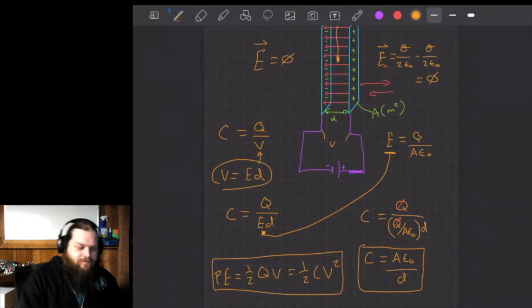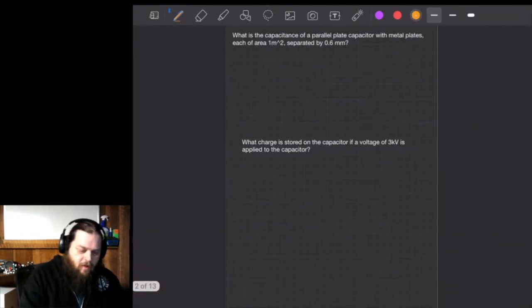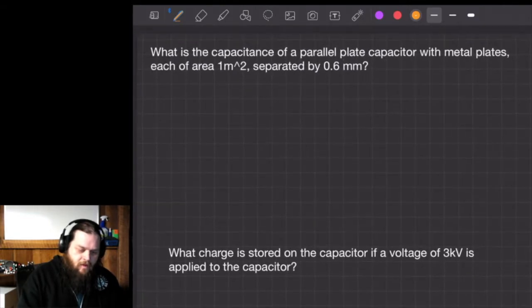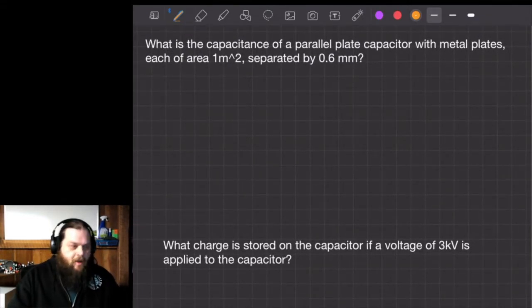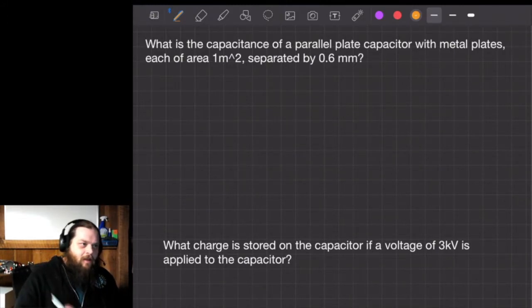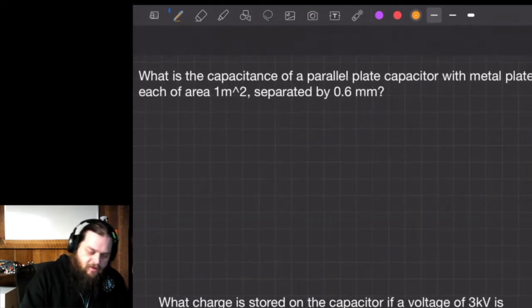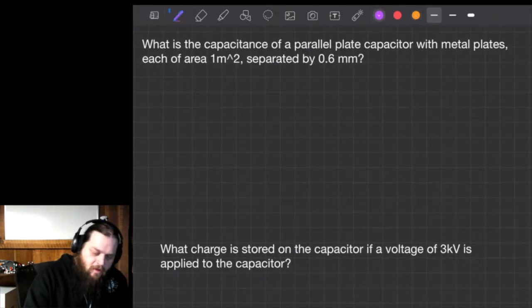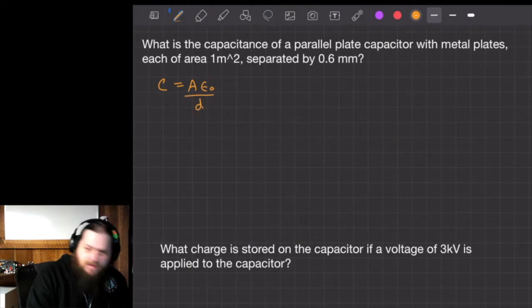So the first problem we want to look at is, what is the capacitance of a parallel plate capacitor with metal plates each of area 1 meter squared, and that are separated by 6 millimeters? If I were to do this, we know that the capacitance is going to be equal to the area times epsilon naught divided by the distance.